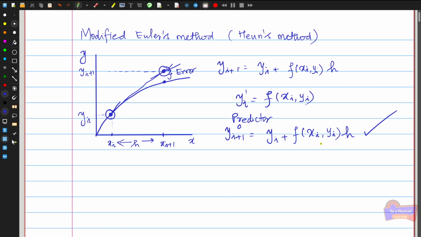times h. This is the predictor step, which provides the estimation of y at i plus 1 that allows us to calculate the estimated slope of the interval.